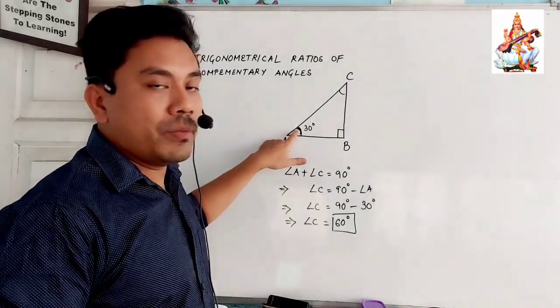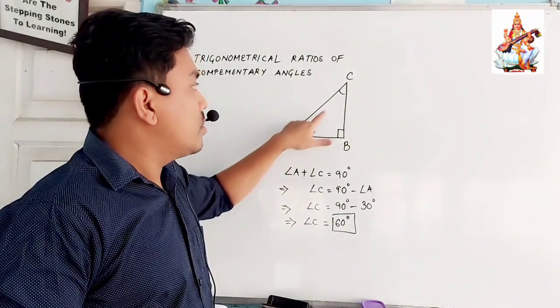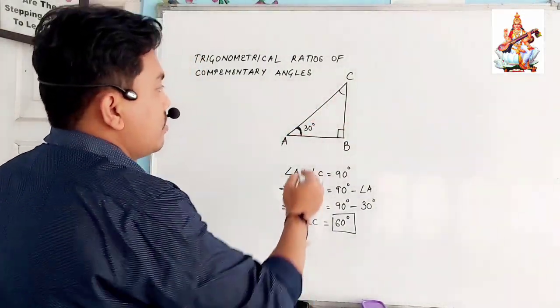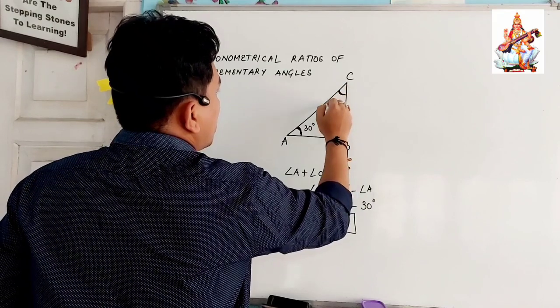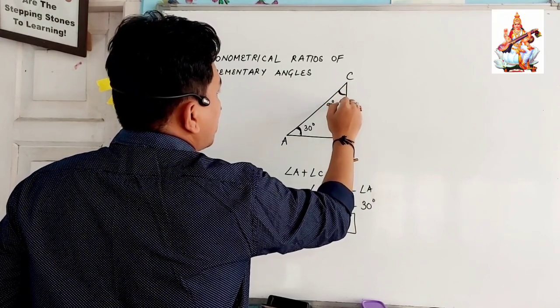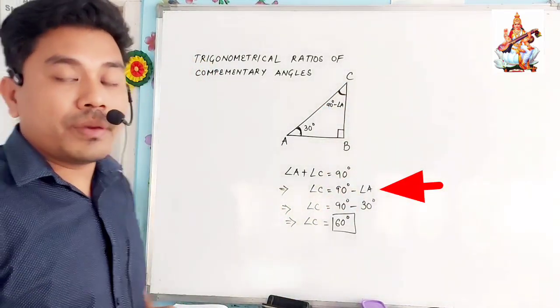So if one of the complementary angles is given, then the other angle will be 90 degrees minus angle A.